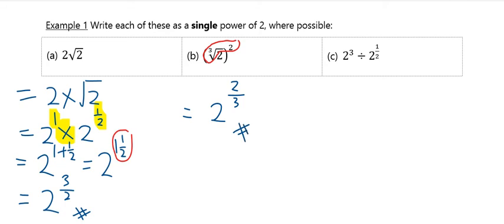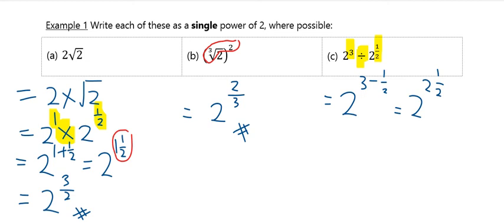Part C is quite similar to your second rule: when you see a division, you have the same base, 2 and 2, and what do you do with the power? You subtract the powers, so 3 minus half. Here 3 minus half is actually 2 and a half.